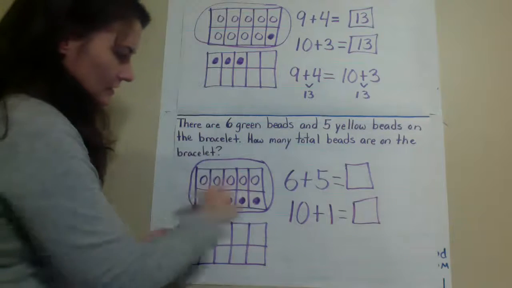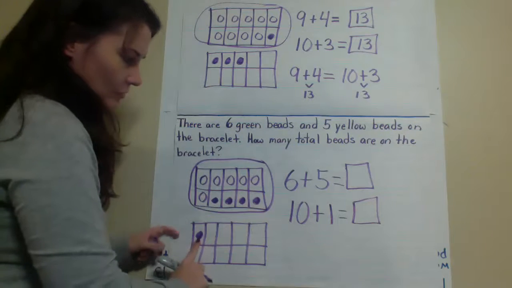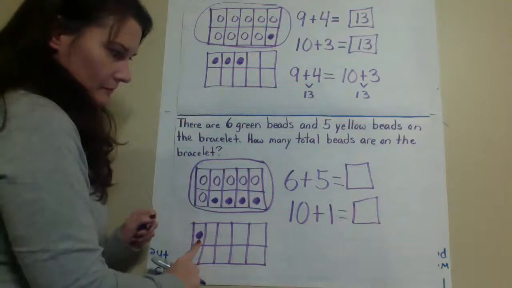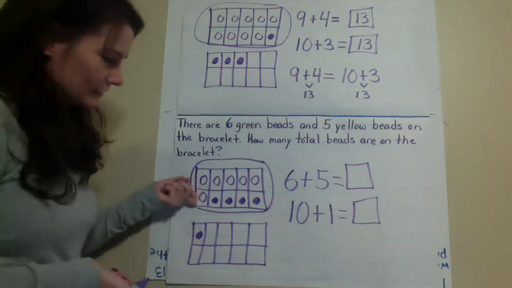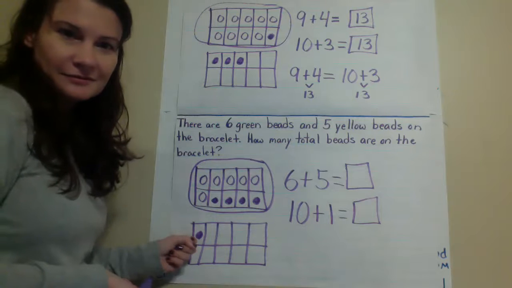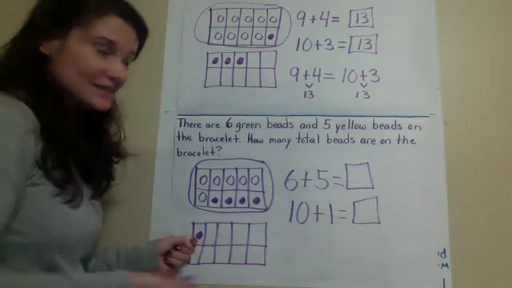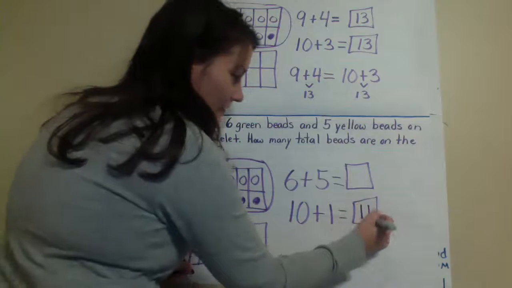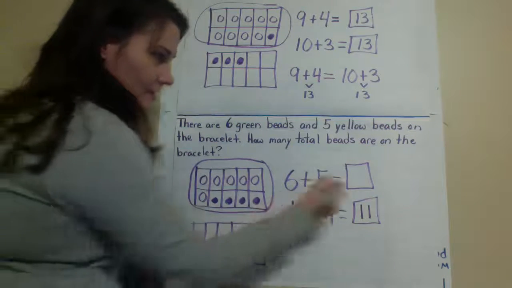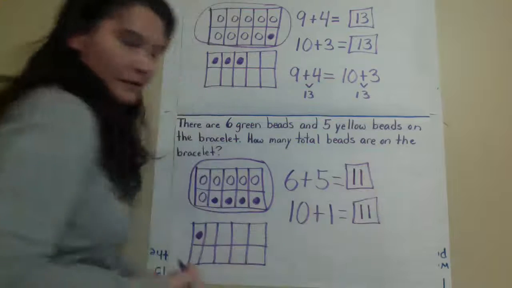So I still have the 6 plus the 5, but now I also have the 10 plus the 1. And guys, what is 10 and 1 more? Yes, 10 plus 1 is 11. So that means that 6 plus 5 is also 11.